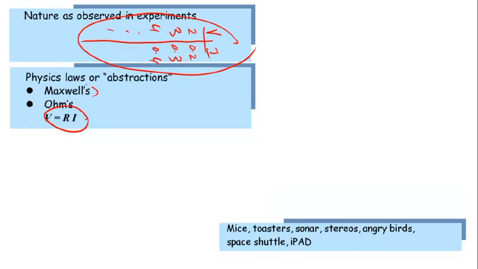Other phenomena are described by Maxwell's equations. And these equations, whether it's Maxwell's, Ohm's, or classes of other equations, think of these as succinct expressions or learning from the reams and reams and rooms of data. So here, these equations can be thought of as abstractions for those tables of data.